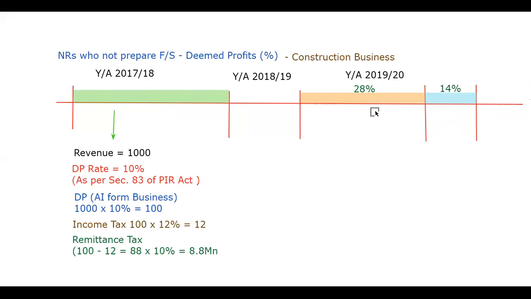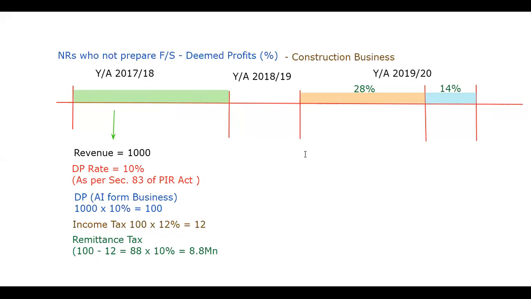For this 3-month and 9-month period, construction businesses can continue on the same basis according to the deemed profit approval they have taken under the previous law, as per the transitional provision. They can continue the same basis. So I will explain this scenario under these two different periods.